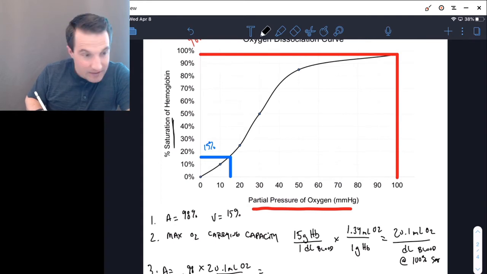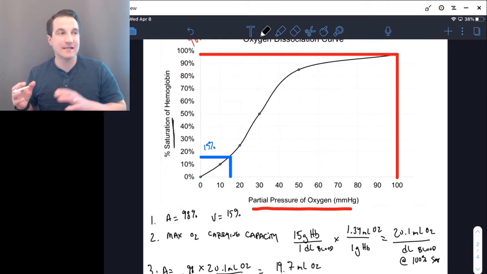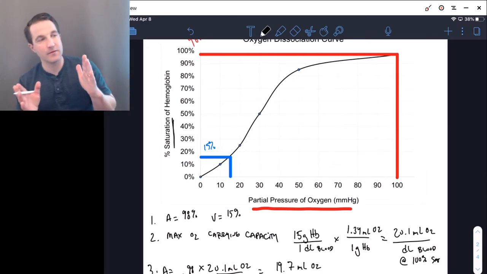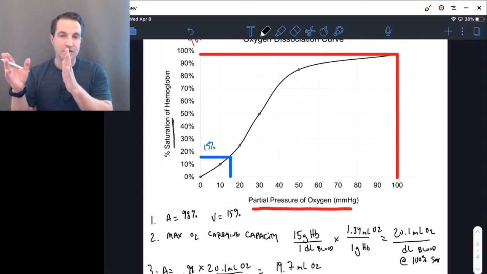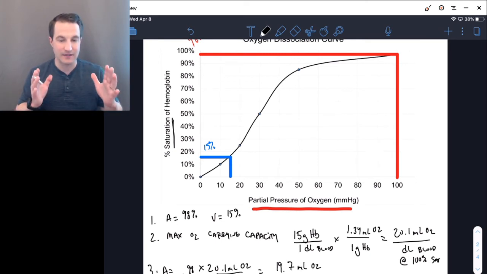And that will give us 19.7 mLs of O2. So as that blood is leaving in the arteries from the aorta, what we're seeing there is about, for every deciliter of blood that is moving out of that aorta, there is 19.7 mLs of O2 leaving in that deciliter of blood.